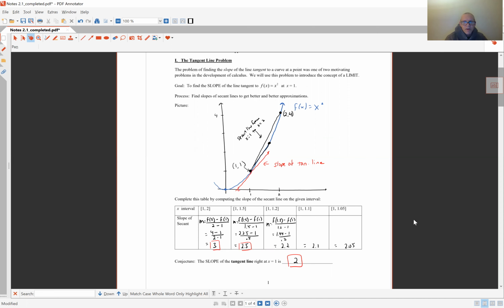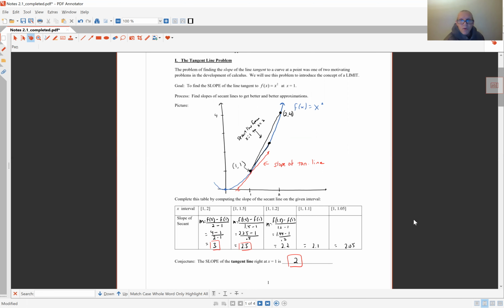Now when x is 1.5, f of 1.5 is 1.5 squared, which is 2.25. So it's (2.25 minus 1) over 0.5, and now the slope is 2.5.